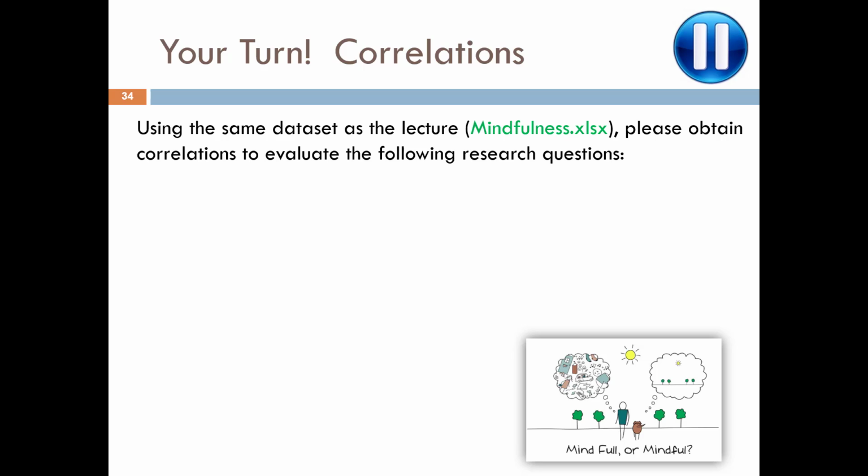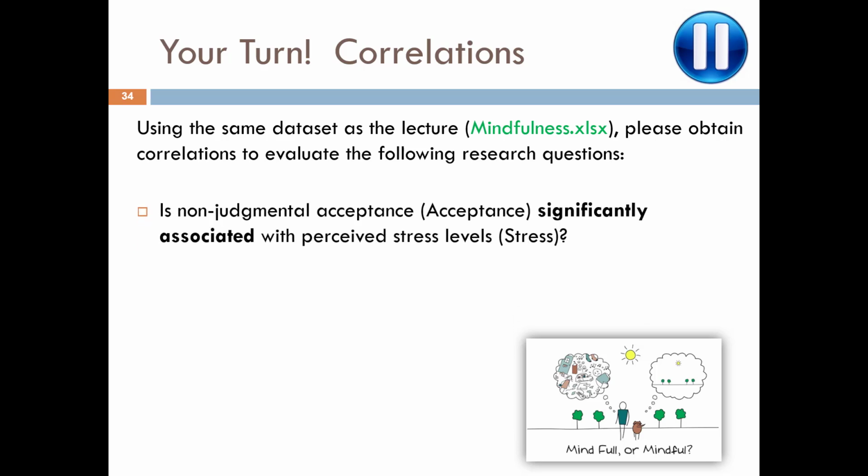Okay, so now that you've learned how to do the correlations in RStudio, it is your turn to try running it. And so using the same dataset as the lecture, please obtain correlations to answer the following research questions. Number 1, is non-judgmental acceptance, so that would be the variable acceptance, significantly associated with perceived stress levels, or the variable stress?